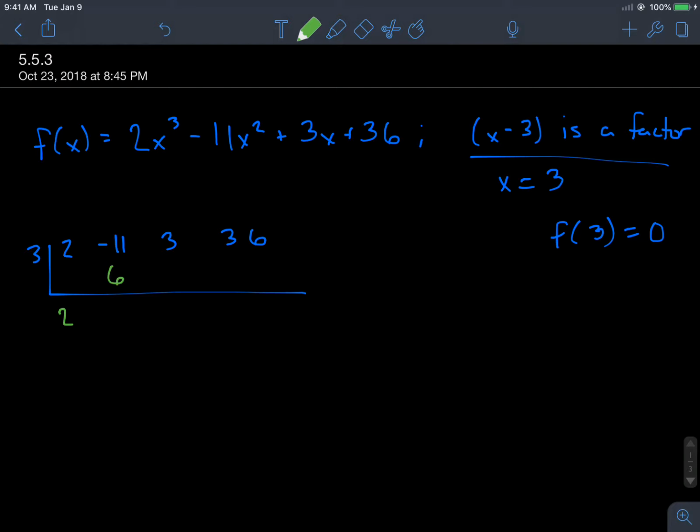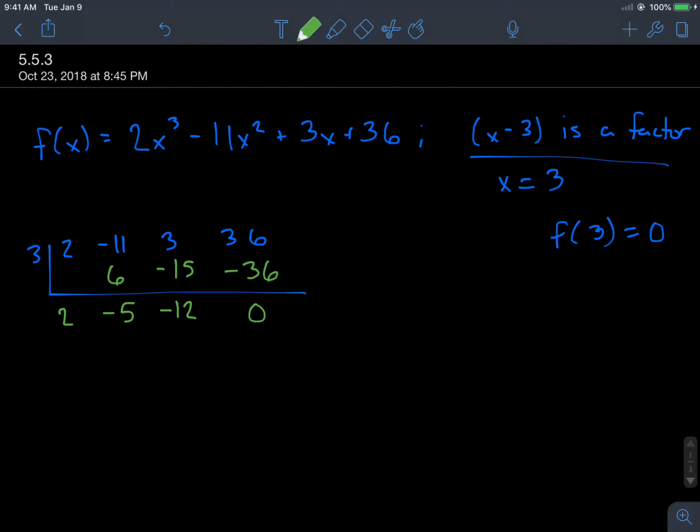Negative 11 plus 6 gets us a negative 5. 3 times negative 5 is negative 15. 3 plus a negative 15 is negative 12. And 3 times negative 12 is a negative 36. And when we add that down, we get 0.